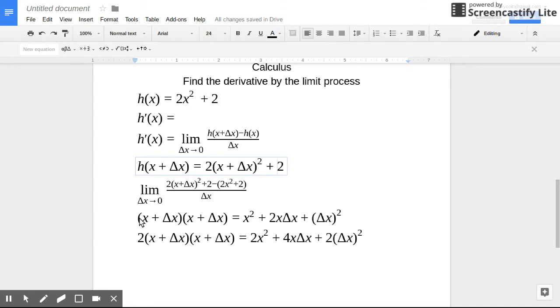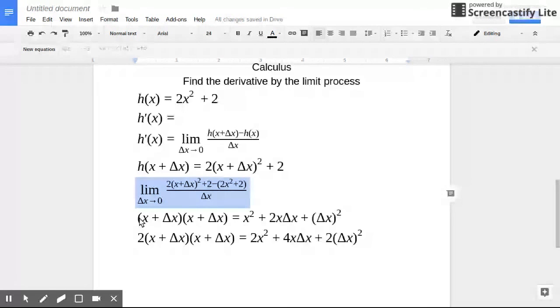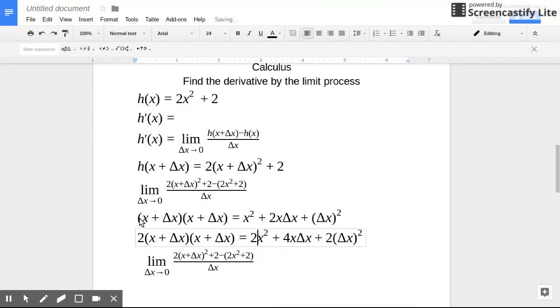So hopefully you'll be able to figure out what I'm doing here. What I'm going to do now is rewrite that. Up here in this denominator, remember we figured out this portion, this part right here that I'm going over.